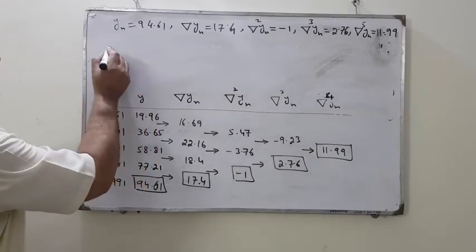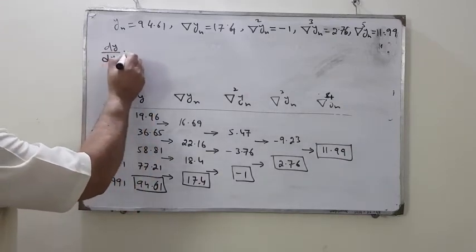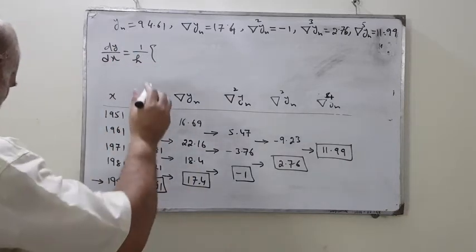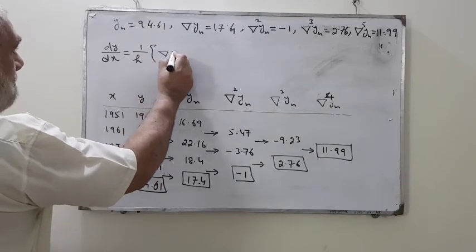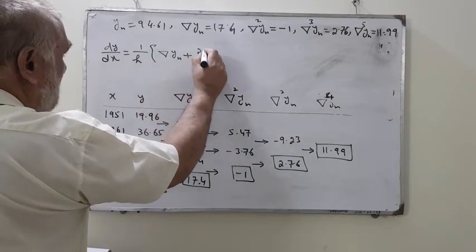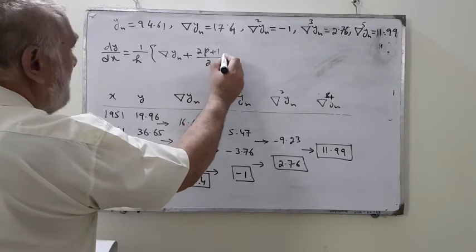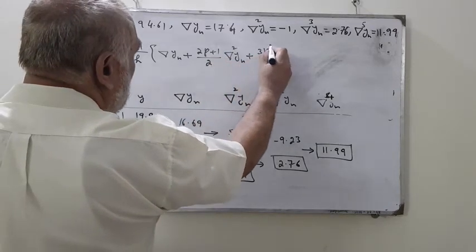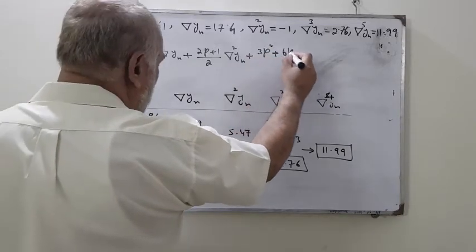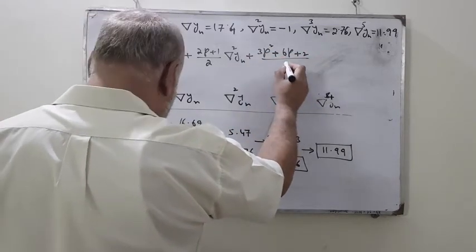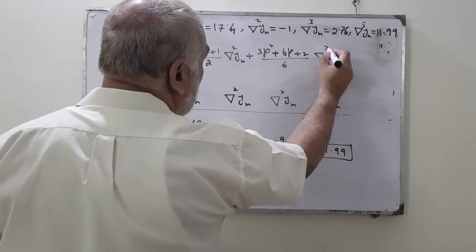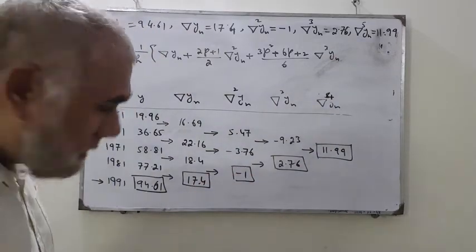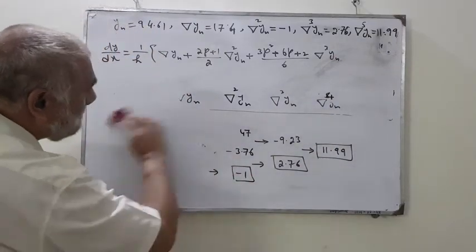So we already know the formula for the rate of change in the backward case is 1 over h times ∇yn plus (2p plus 1) over 2 times ∇²yn, plus (3p² plus 6p plus 2) divided by 6 times ∇³yn, and one more difference I have to use.